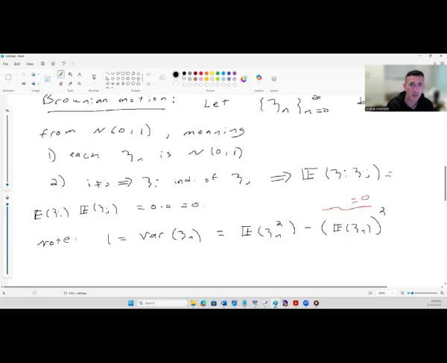So that tells me something extremely useful, that the expectation of each one of these squared is 1. Right, so that's good.